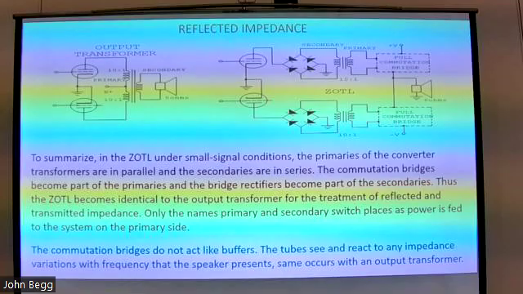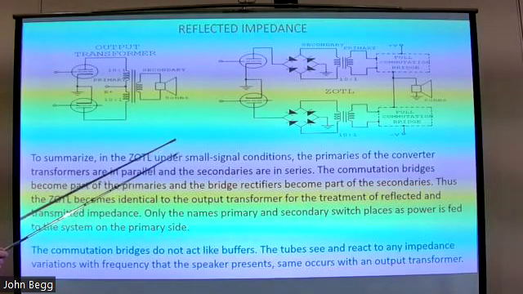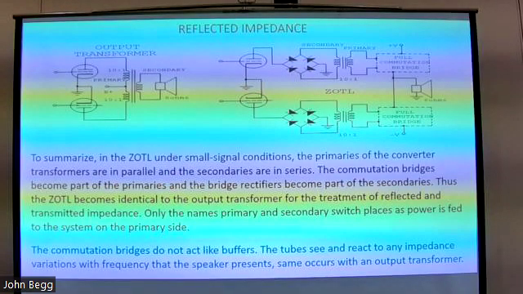The commutation bridges do not act like buffers. The tubes see and react to any impedance variations with frequency that the speaker presents. The same occurs with an output transformer. What this means is your speaker isn't 8 ohms. It's some weird combination of inductance, capacitance, back EMF and all kinds of weird stuff.